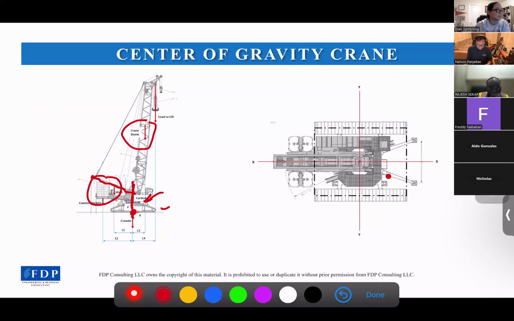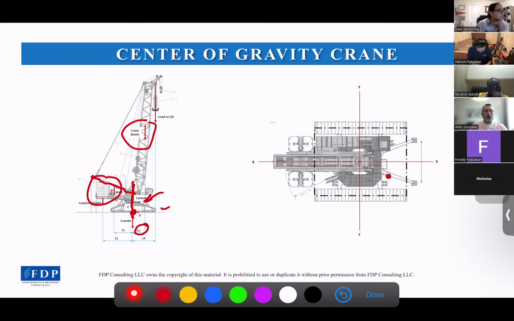And for the COG of each component, I will assume it is at the center of its component. So from that, we can measure the distance from the component COG to the origin point. So let's say for example, for the crane boom here, the distance to the origin is L3.